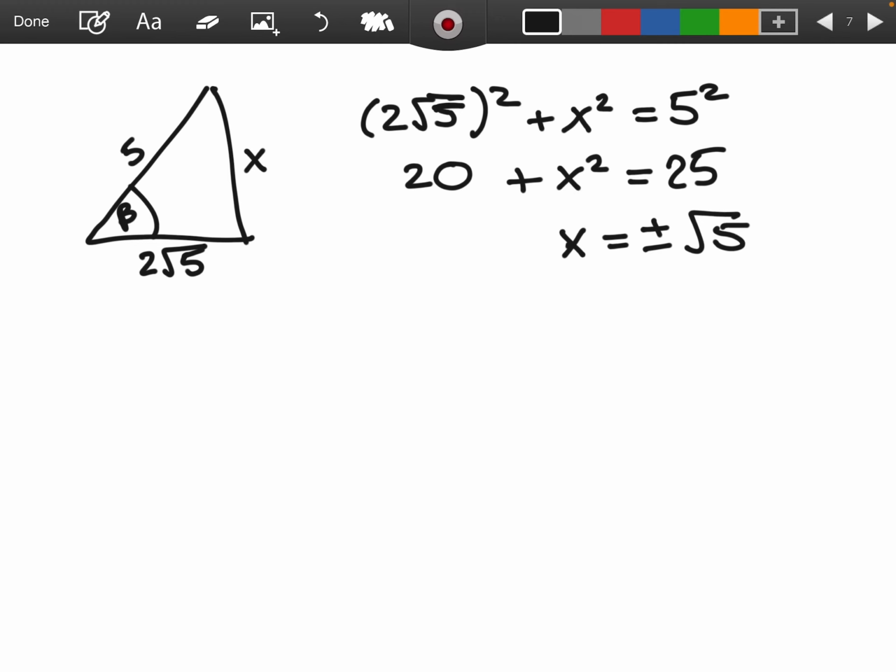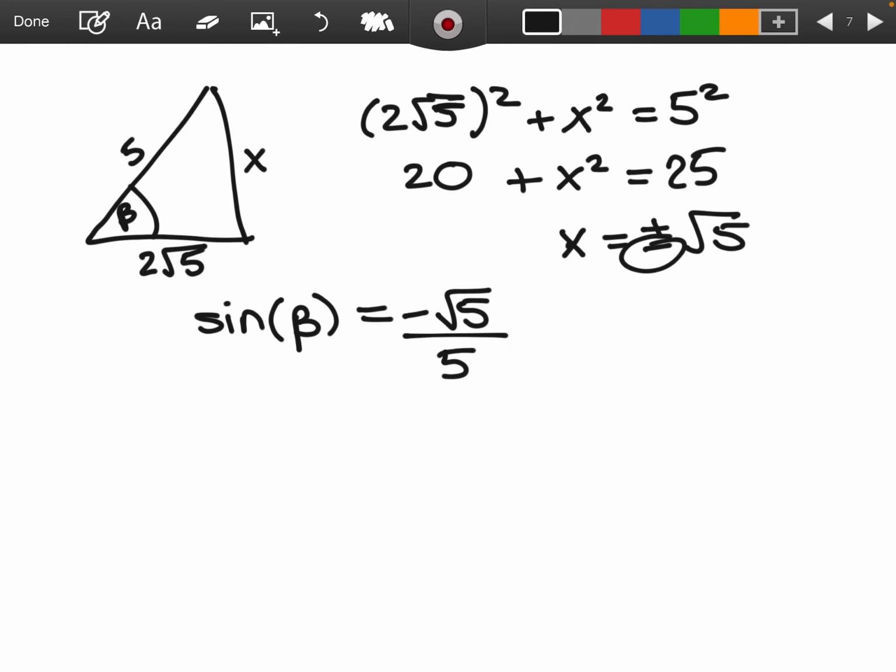Again, I need to figure out if it's the positive or the negative. Now, I'm told that beta is in quadrant 4. In quadrant 4, cosine is positive, sine is negative, because the x coordinates are positive, the y coordinates are negative. So now I know for my sine of beta, it has to be negative because beta lands in quadrant 4. So I know that I'm looking at the negative. So it's going to be negative square root of 5, which is the opposite, divided by the hypotenuse.